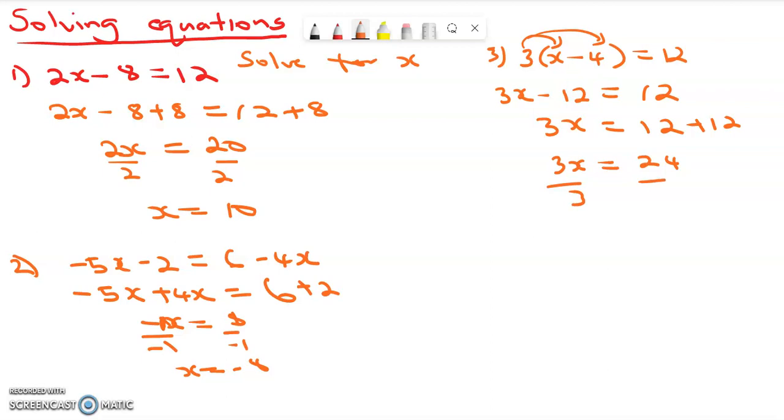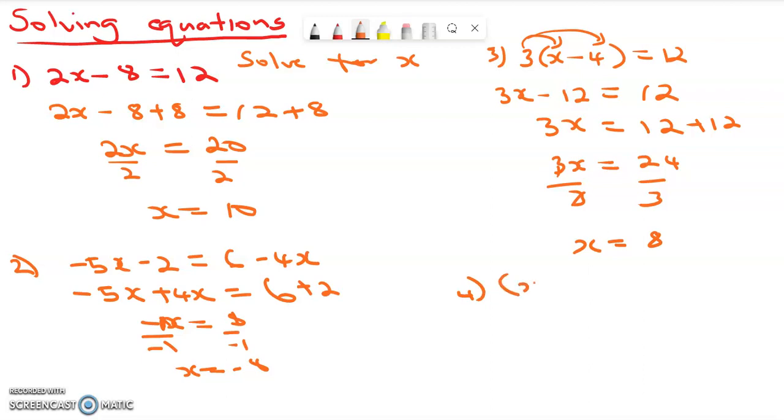Then we divide both sides by 3, and then we find our value of x to be equals to 8. So here x is equals to 8. Alright, so whenever you are given an equation with the bracket, you must do the distributive property of numbers. Let us do example 4.